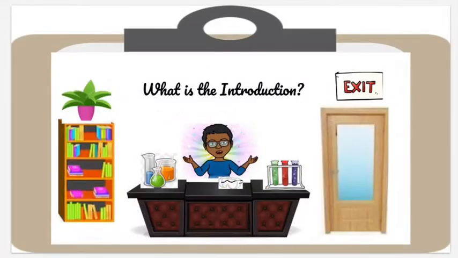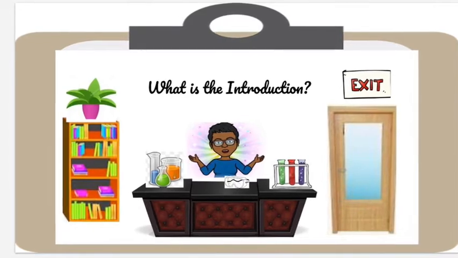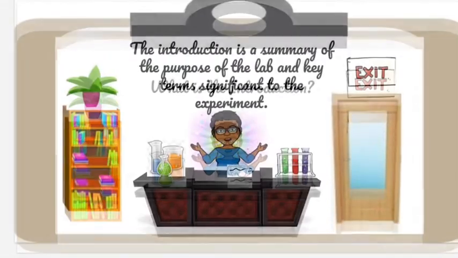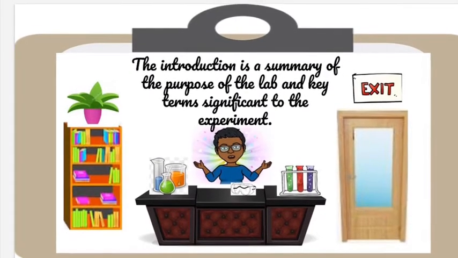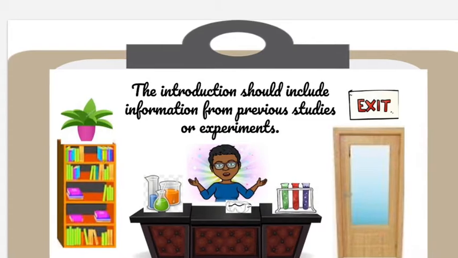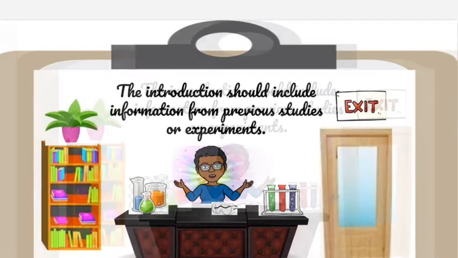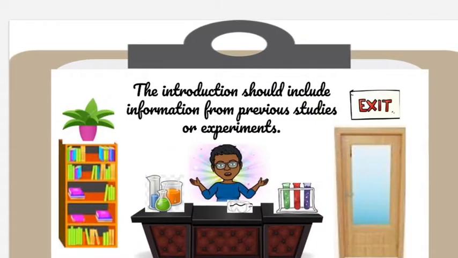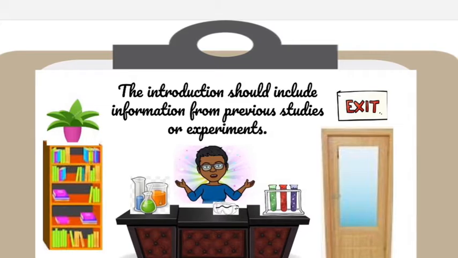So after the abstract, you should find the introduction within the lab report. And an introduction is a summary of the purpose of the lab. The introduction usually includes key terms that are significant to the experiment or the lab. And those words are usually underlined, just like you see in the sample introduction on your exemplar lab report and guided notes.